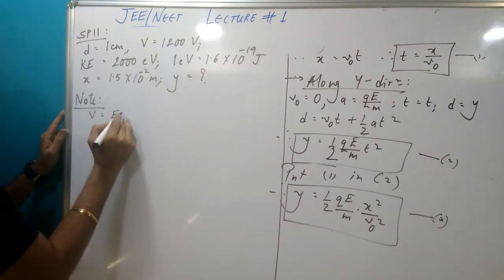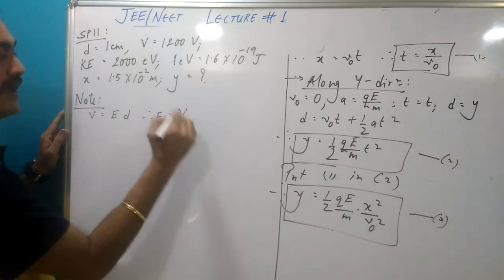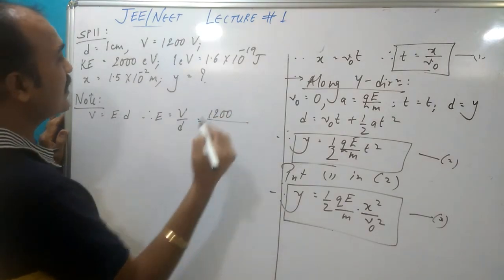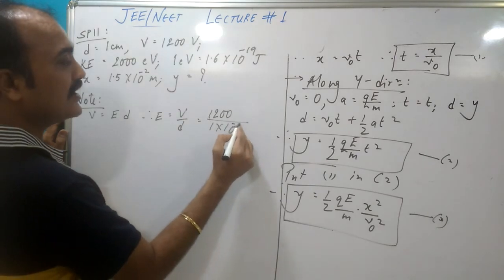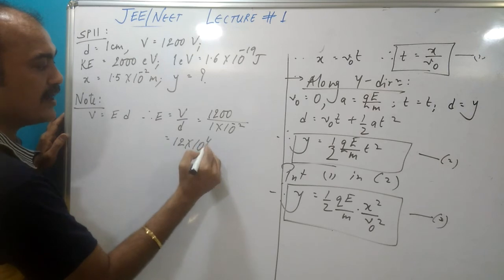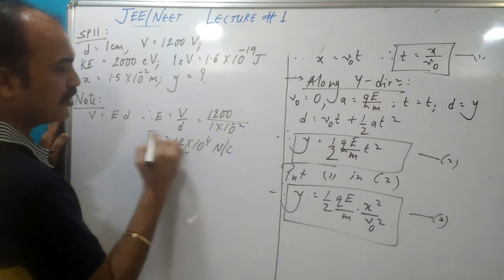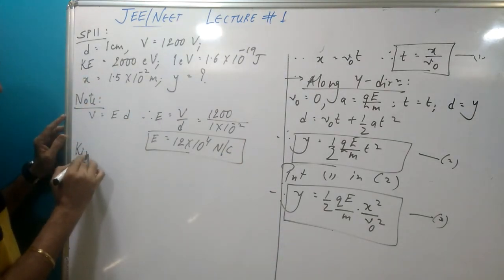V is ED. So E is V by D. Alright, be careful. D is 1 centimeter, that's 1 into 10 raised to minus 2. And I'm going to put the reckoner on the line. So 12 into 10 raised to 4 Newton per Coulomb, or you might also call it volt per meter. No issues. Also, kinetic energy.